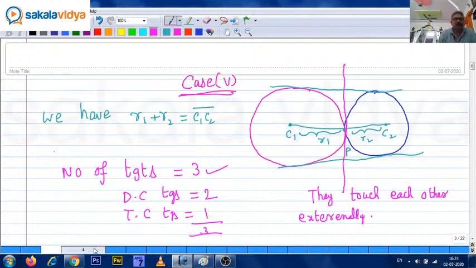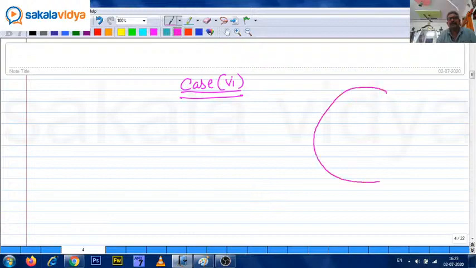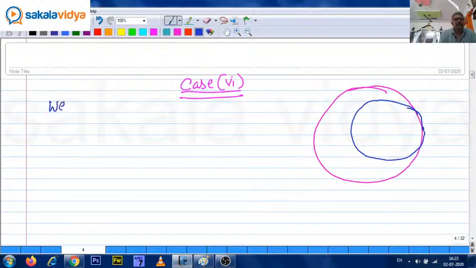So now case 6, let us discuss case 6. See, case 6 means, for example, this is the circle, and the other circle touches internally. Here we can write R1 minus R2 equals C1 C2.